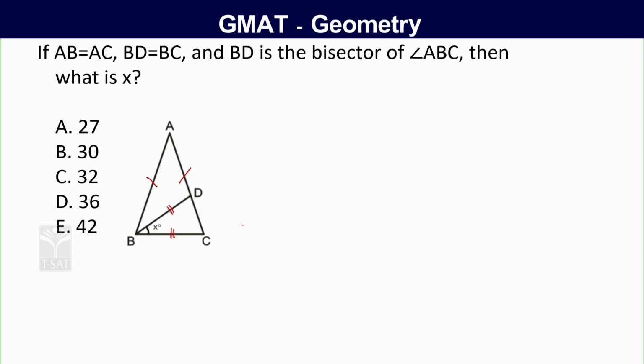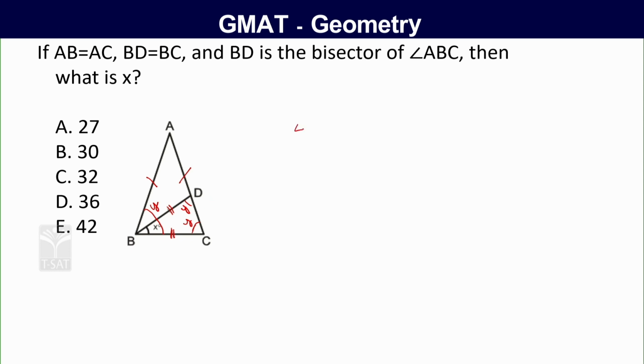Okay, if you say that this angle is y degrees, then because it is equal, this angle will also be equal to y degrees. Angles opposite equal sides will be equal. Now, since this is y degrees and AB is also equal to AC, this entire angle will also be equal to y degrees.